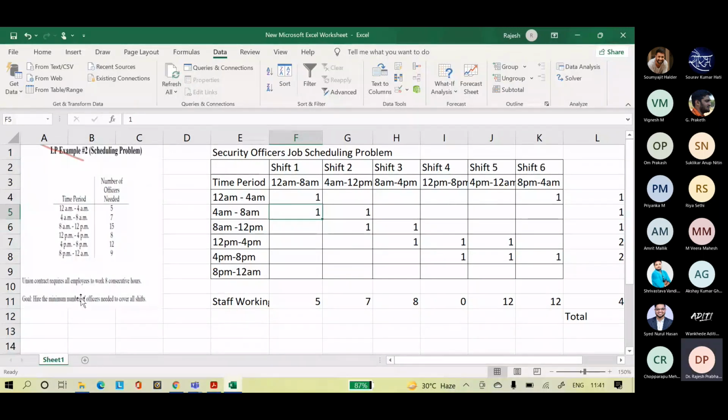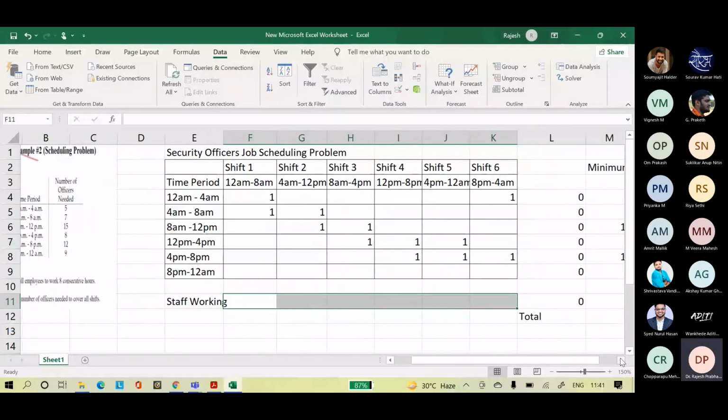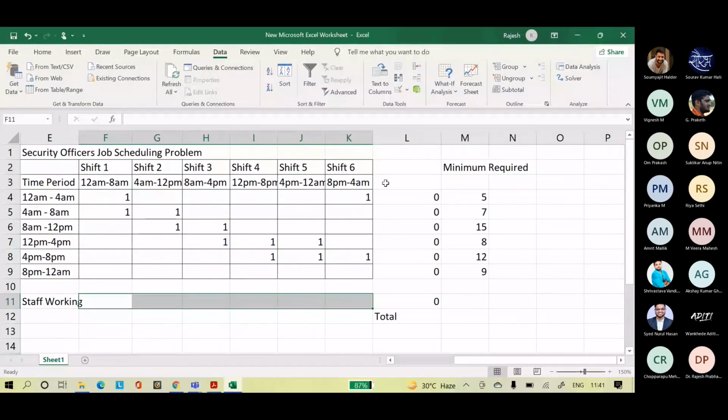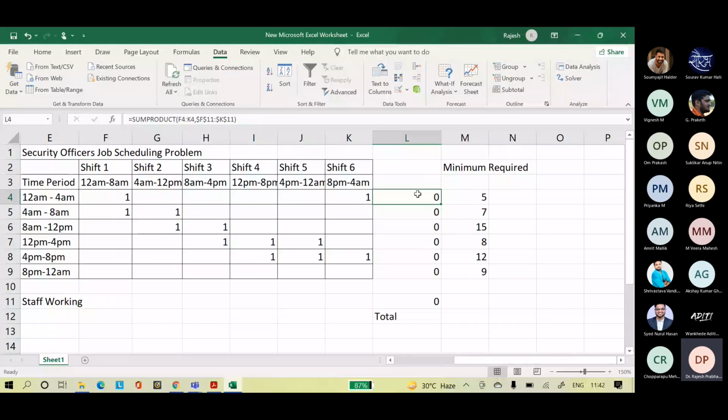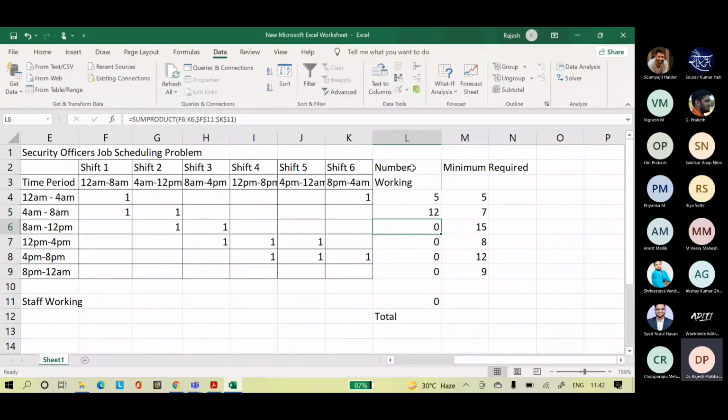Okay, I think we need to not give the answer with the problem here. 1 second. So we need to give here the number working. We need 5 here. Here we need 15.